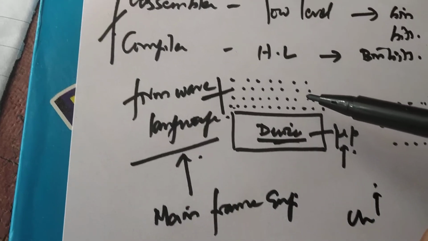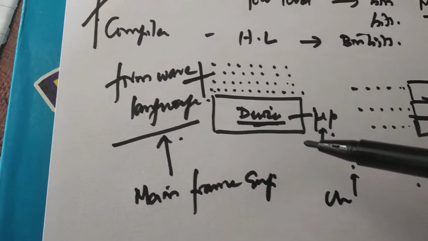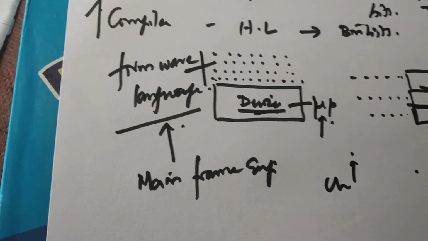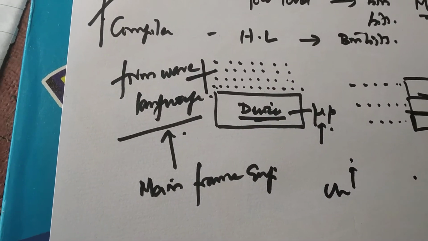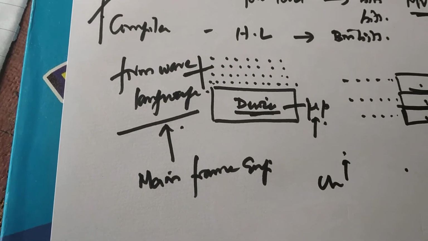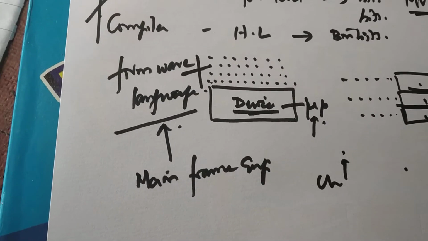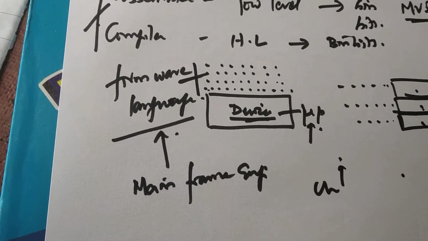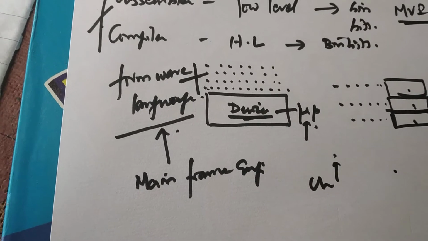This firmware language alone can drive the devices to the expectation limit of the user. So if I use a Benz car, and my firmware language is able to drive an Ambassador alone, then the Benz car will behave as an Ambassador alone. So you can understand the necessity of firmware.